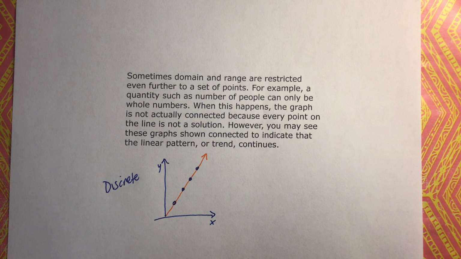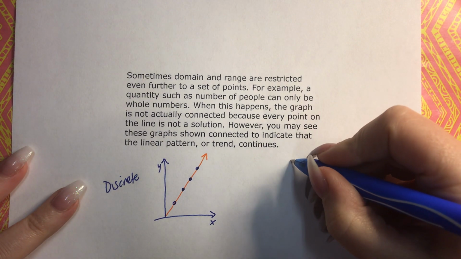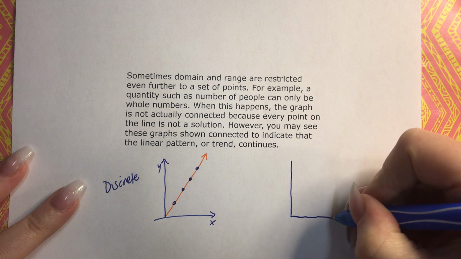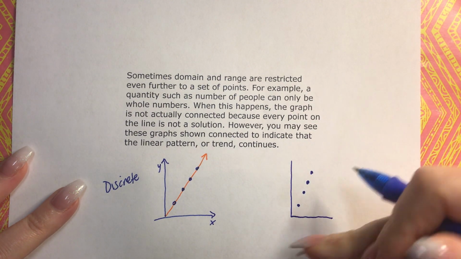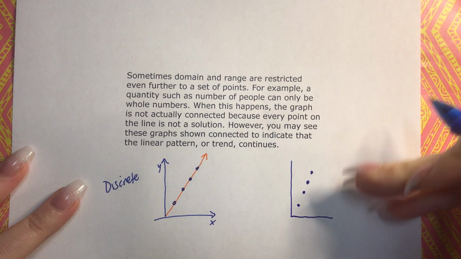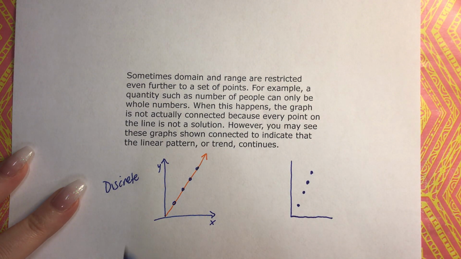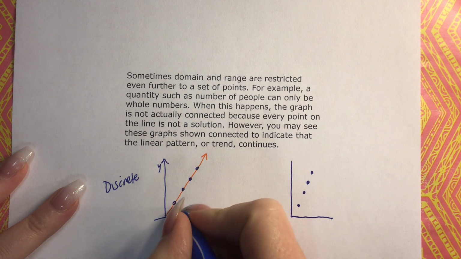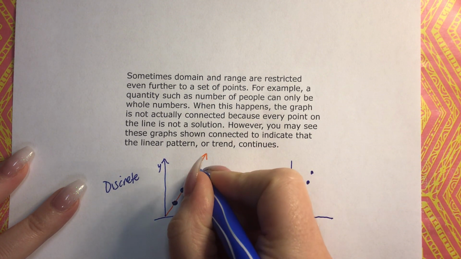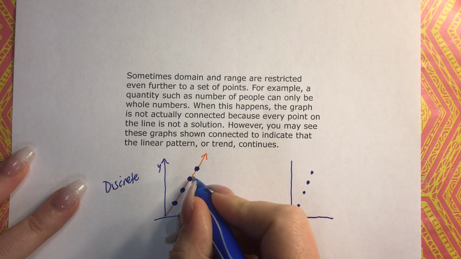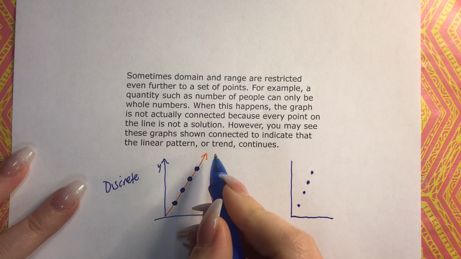Whereas the graphs that we looked at that were discrete, if they had points, we just looked at those individual points for the domain and the range, and that was it. Okay, so this is a different type. It says, hey, if we have a pattern, we're going to have a graph with those points for the domain values. This is what it can be, but this pattern is going to continue.